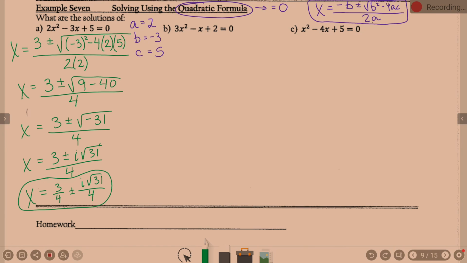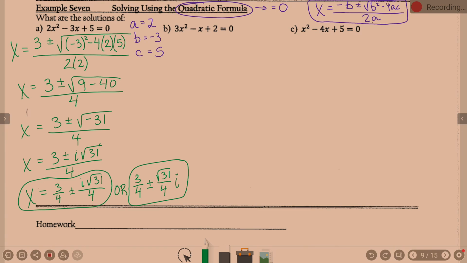And I am going to throw on here real quick, just because I want you guys to see it. The other way to write this is still 3/4 plus or minus, but I want you to realize you will sometimes see, instead of putting the i in front of the radical, they'll put it after the fraction.